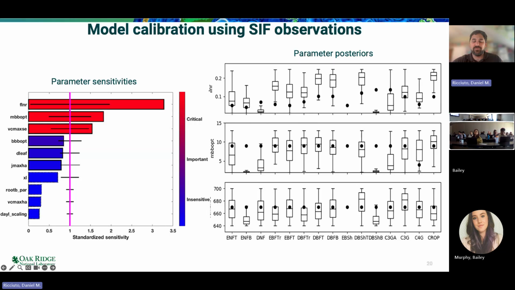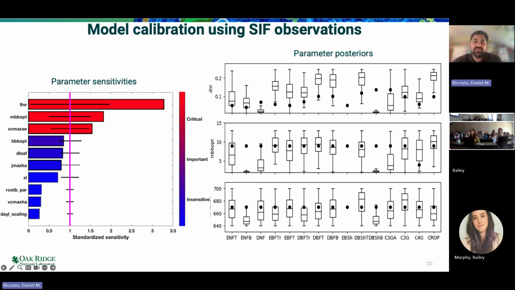The black dots are the model defaults that the ELM parameter file contains, and the box plots show the mean and the range after calibration. So we can see significantly higher values for a lot of the plant functional types. For example, tropical evergreen forests jumped up quite a bit, so that's responsible for the increase in the posterior GPP that you saw compared to the prior mean. That's true of a lot of the other forest types as well.